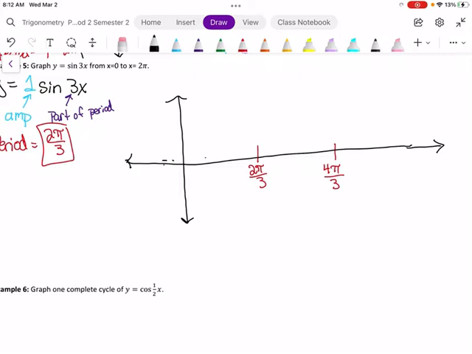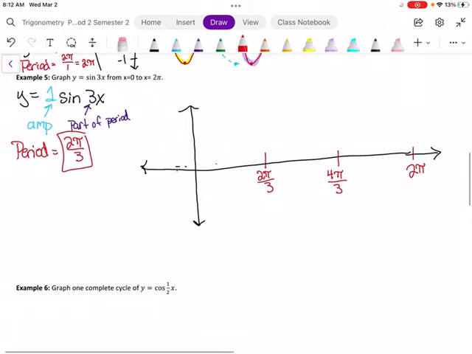So we have 2, 4, and then the next one would be 6 pi over 3, which simplifies to 2 pi. First I recommend putting those labels on our graph because those are going to help us get our periods that we need.